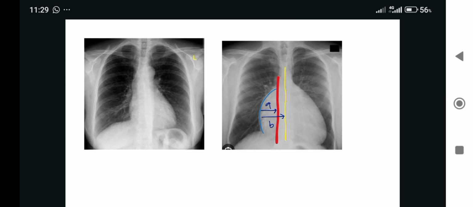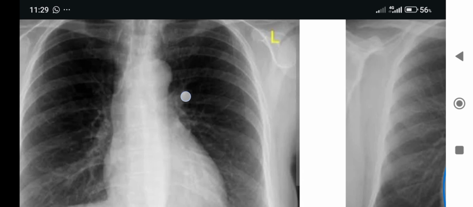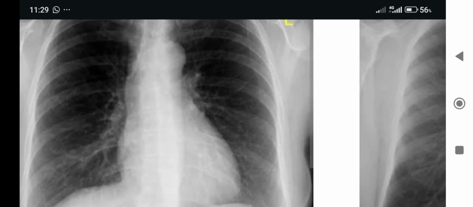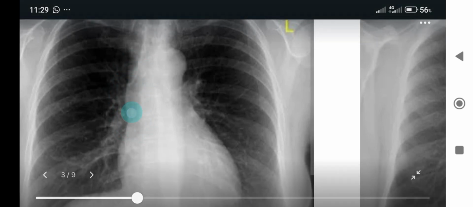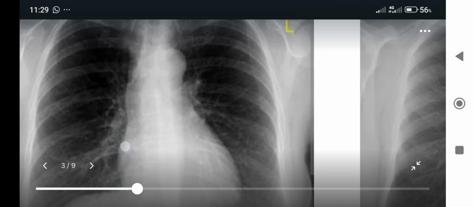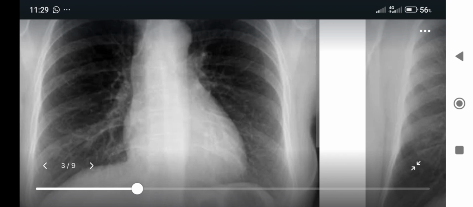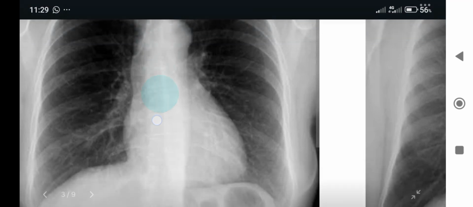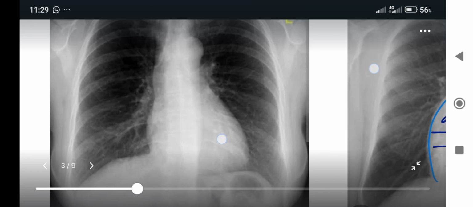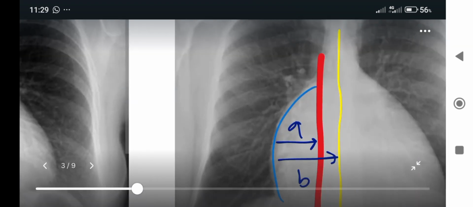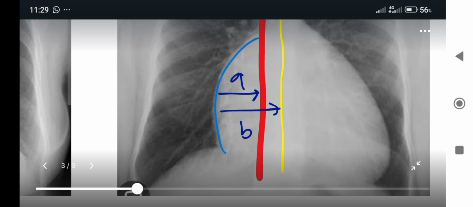Now this is a normal chest X-ray. You see how the right heart border looks like. You see about 1/3 of the heart is on the right side. Then when you look at this enlarged heart, you see the convexity.